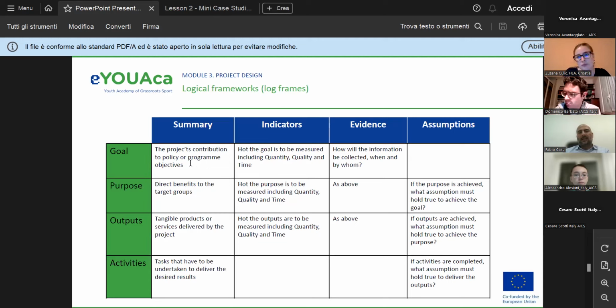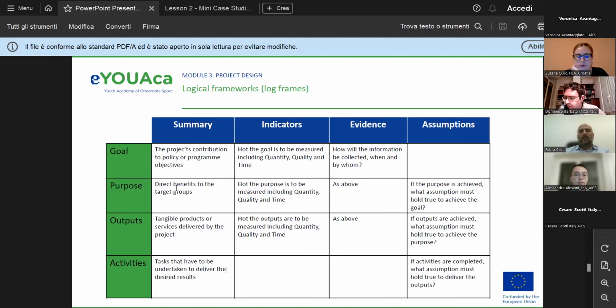So the first thing that I have to do is to read the call and try to understand the goal of the call. Why would the European Union or your national country give you money? They are giving you money because they hope that through that money you can realize a project, and through that project you could achieve their goals. So goals are how your project can contribute to the policy or program.